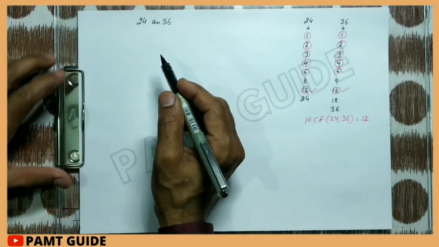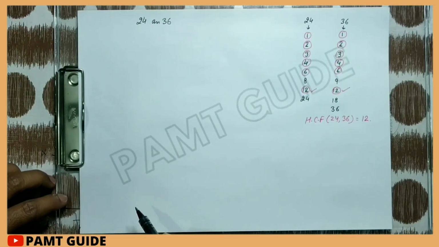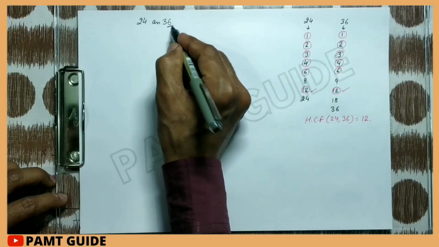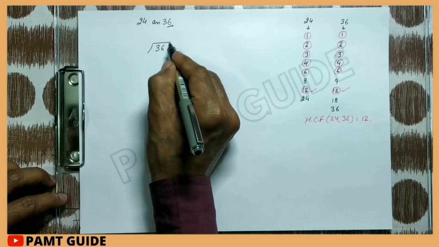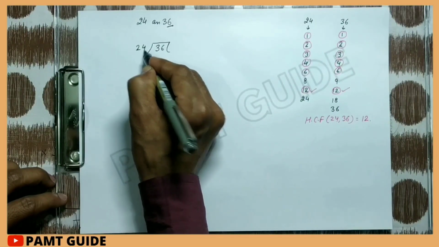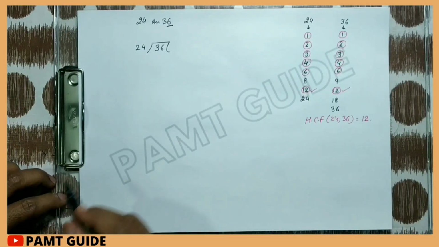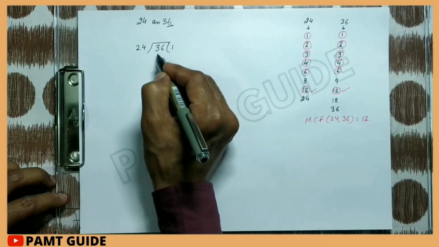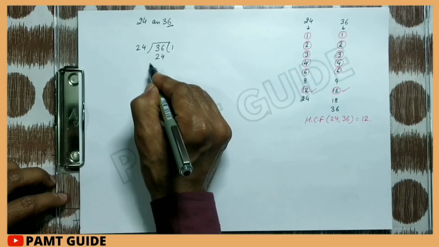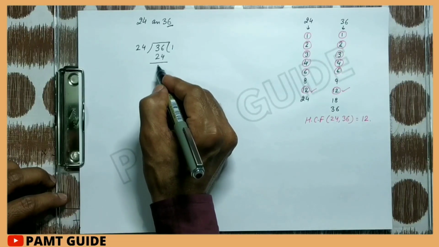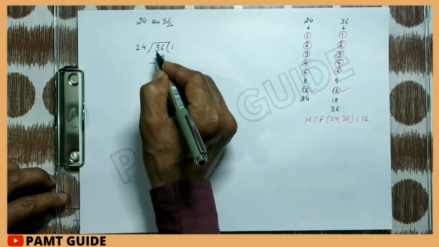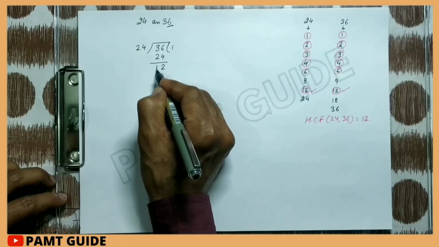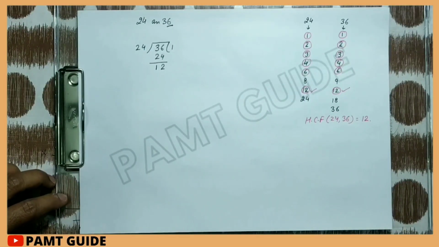So we should take the greater number as the dividend and the smaller as the divisor. So the greater number is 36. So we divide 36 by 24. Then we count the table. 24 ones are 24. We subtract it and we get 6 minus 4 is 2, 3 minus 2 is 1, and we have the remainder 12.